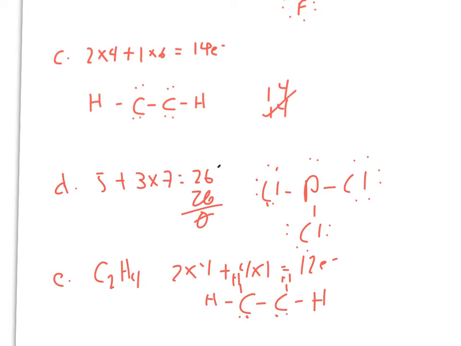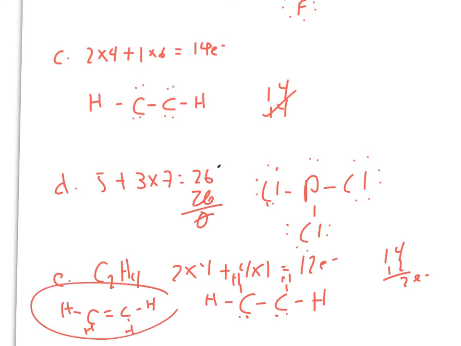So I've got 2, 4, 6, 8, 10, 12, 14 electrons, and I only have 12 available. So that means I need to free up 2 more electrons or make 1 more bond. So if I do that, I would redraw this as C double bonded to itself with 2 hydrogen attached to each. And I've used 2, 4, 6, 8, 10, 12 electrons total and created a stable arrangement.